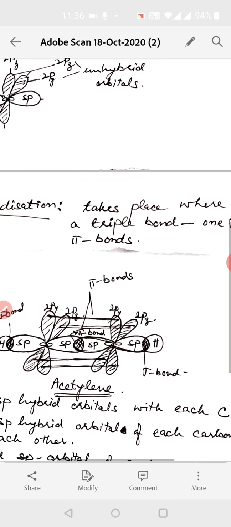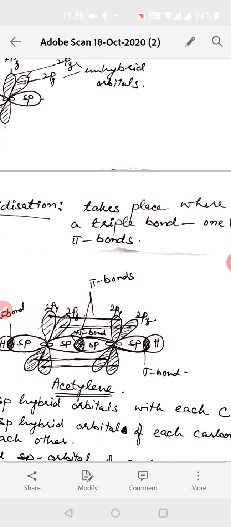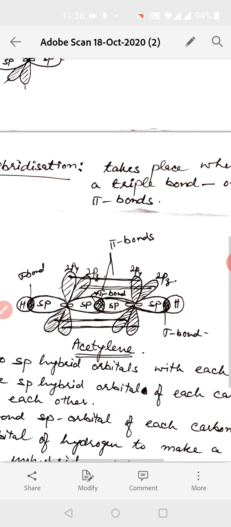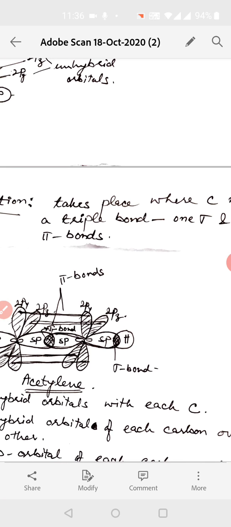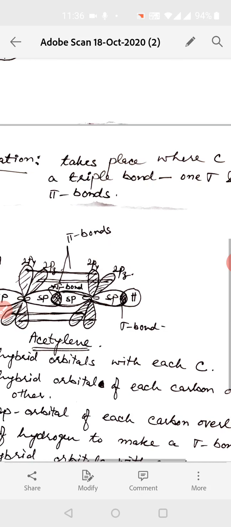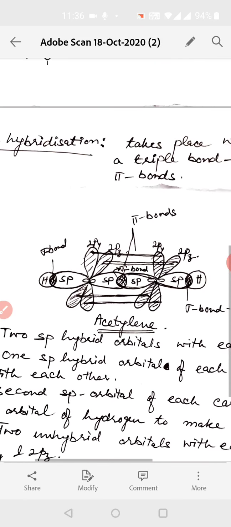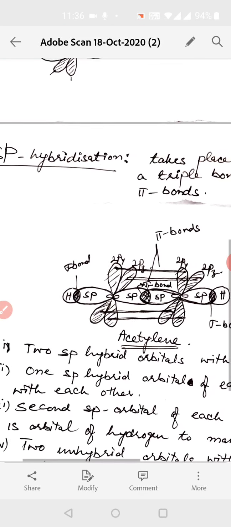In this case, because carbon is making a triple bond, at least 2 carbons are required to form a compound. In this structure, the first point is carbon makes a triple bond. In a triple bond there is one sigma bond and 2 pi bonds.